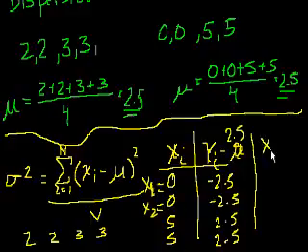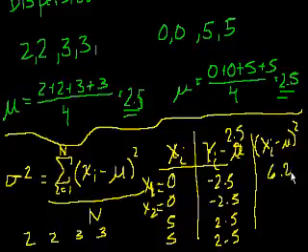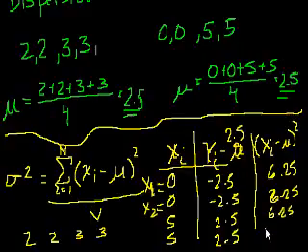Now if you took x sub i minus the mean, squared, 2.5 squared is what? 6.25, and it becomes positive, so 6.25, the same thing, 6.25. That's already positive, so 6.25, 6.25.